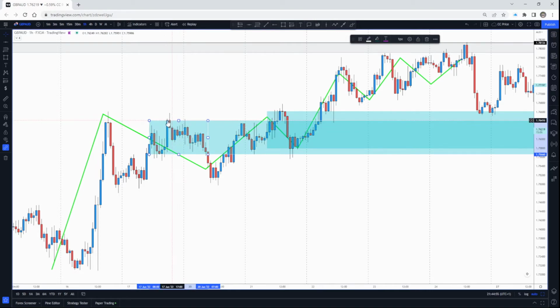If I looked at that on a higher time frame, that's just a wick. I wouldn't pay attention to that so much on the higher time frame. I really want to just capture the majority of the candles. So usually it's going to be a combination of wicks and closing prices. That's more important to me than trying to get the high and the low.